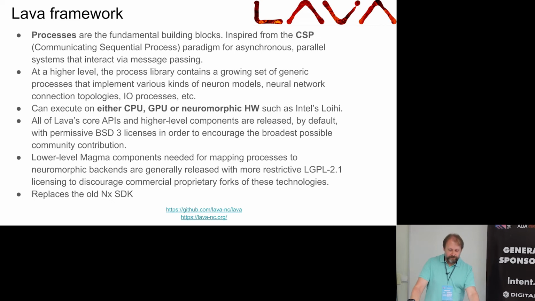And Lava is a bit different thing. Intel pretends for Lava to be kind of hardware agnostic and it can use CPUs, GPUs, neuromorphic hardware. It's built in completely different ways. If you know distributed and parallel programming, you probably heard of CSP, the Communicating Sequential Processes approach.